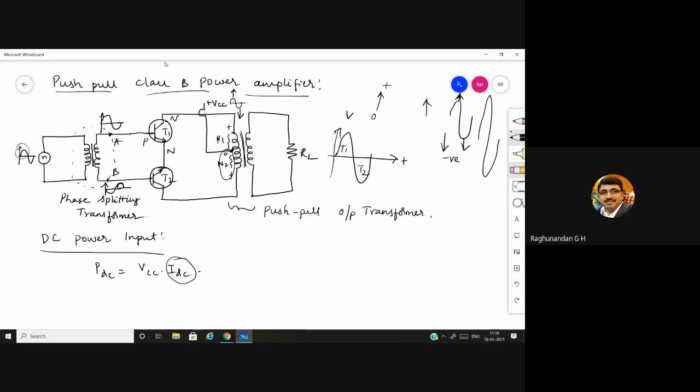To know this IDC, just look into the circuit. Since we have two transistors, even though we call this a peak voltage, if you consider this as current, it will be peak current. What is the formula for IDC?